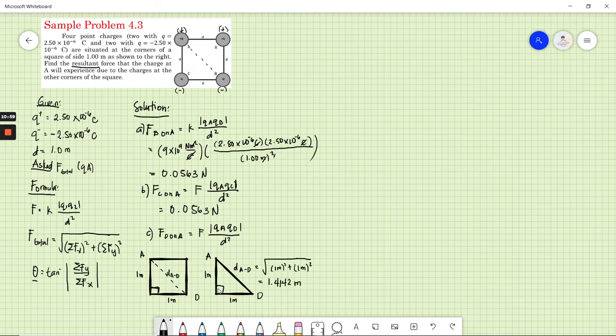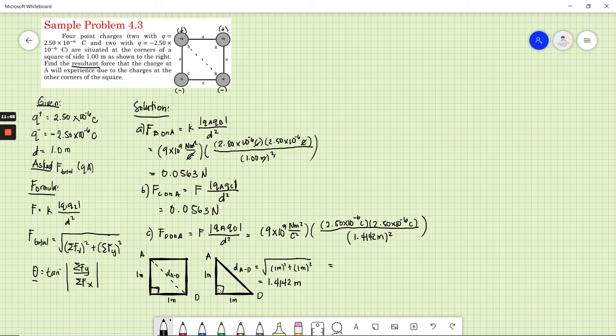So now that we have the distance between A and D, we can use Coulomb's law to find the value of FD on A. So that's 9 times 10 raised to negative 9 Newton meter squared over C squared, and then the charges of A and D. Again, we're using the absolute value, so that's 2.50 times 10 raised to negative 6 coulomb multiplied by 2.50 times 10 raised to negative 6 coulomb divided by the distance between A and D, 1.4142 meter squared.